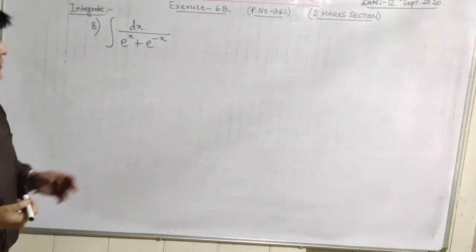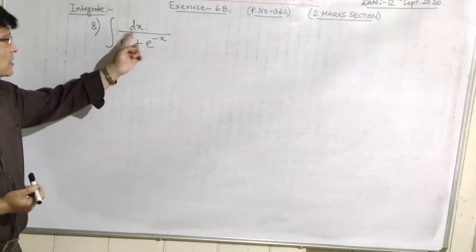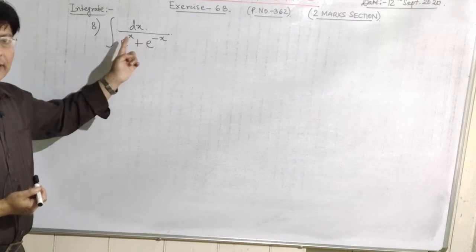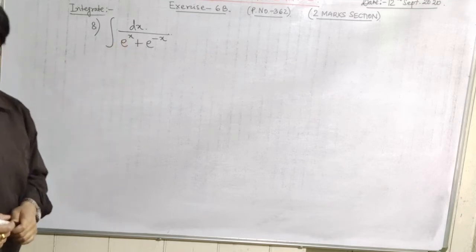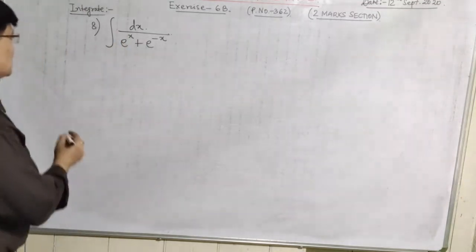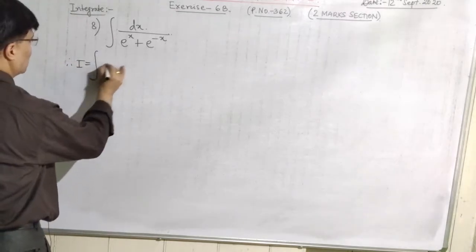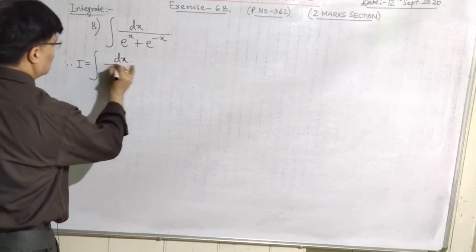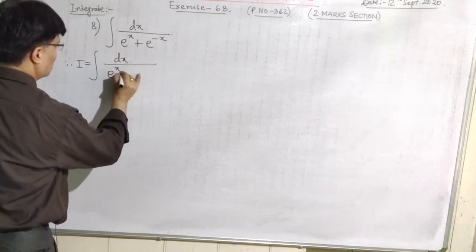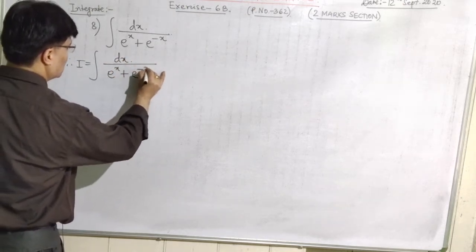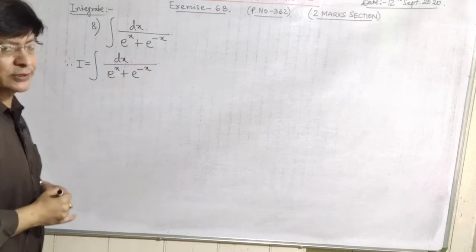You have to integrate integral sign dx upon e to the power x plus e to the power minus x. So let us write here I is equal to integral sign dx upon e to the power x plus e to the power minus x.